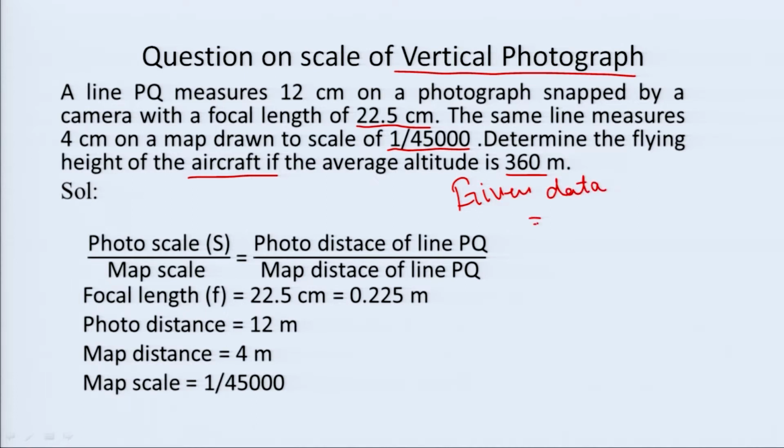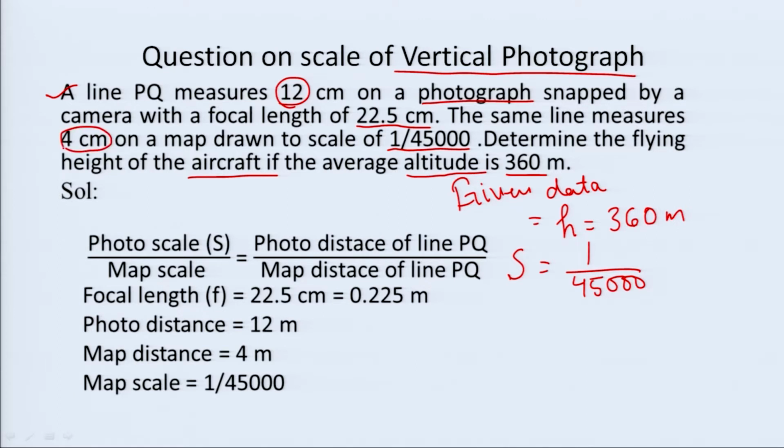Here the given data is average altitude h1 is 360 meter, the scale is given, that is s is 1 upon 45,000, and in this question the photographic scale of a camera, that is of the line, is measured 12 centimeter, and that on a map is 4 centimeter.